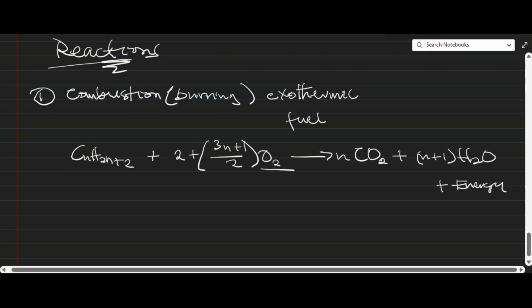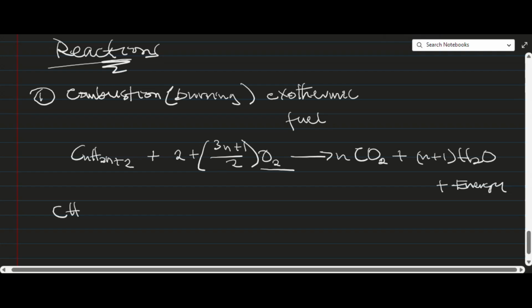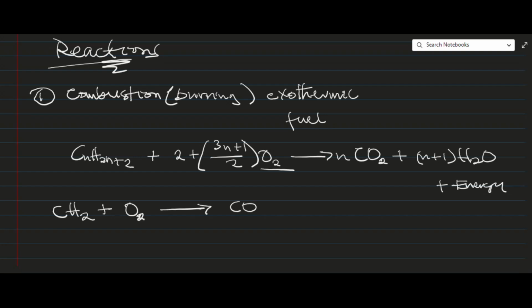Let's have a look at a simple example where we have methane react with oxygen to give us carbon dioxide and water. So when you're balancing, as I said, you will balance oxygen last.